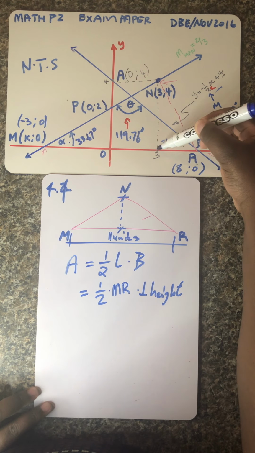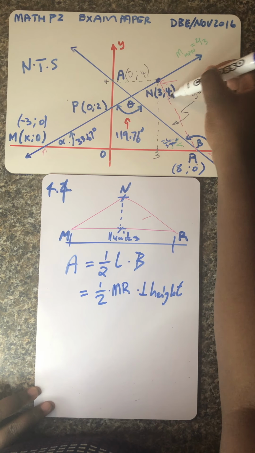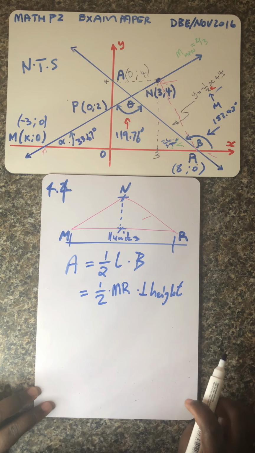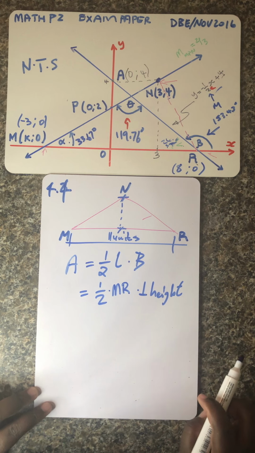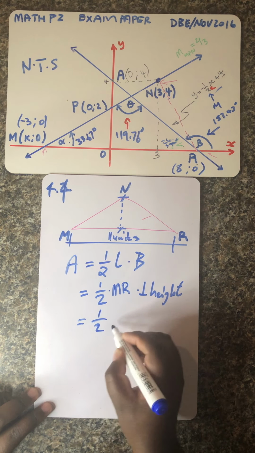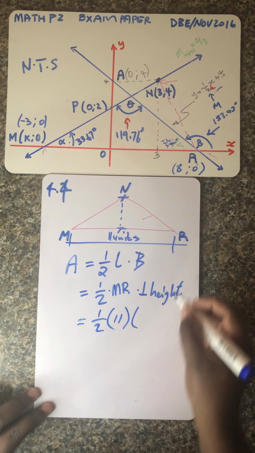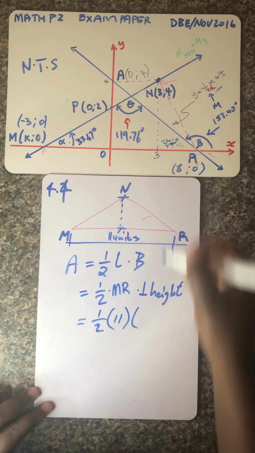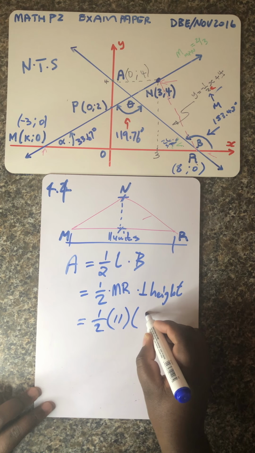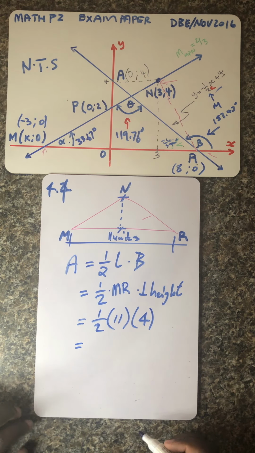We obviously know, guys. It's 4. It's even given in the coordinates of N. So that means we've got all that we need. We just substitute. MR is 11 units, and the perpendicular height or the breadth is equal to 4. So you just punch all of this on a calculator.